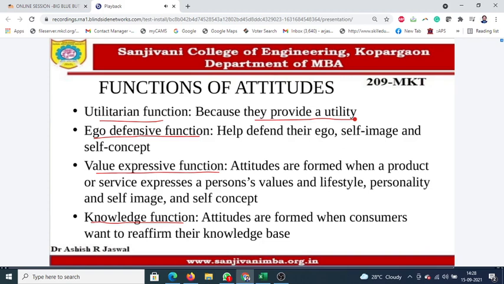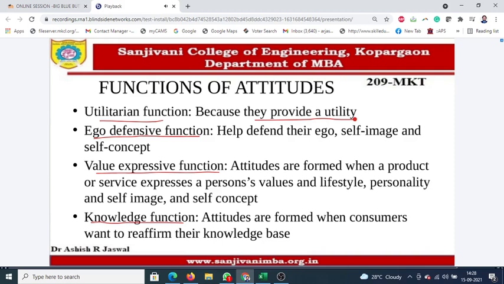In utility functions, the consumer looks at whether the product or service is going to provide utility. So, if you take an example, Complan helps children grow faster and better. The utility is that after taking Complan, the children's growth is faster and better.